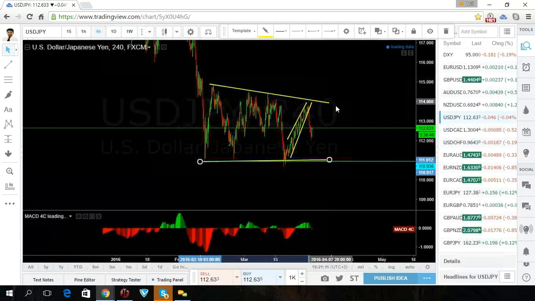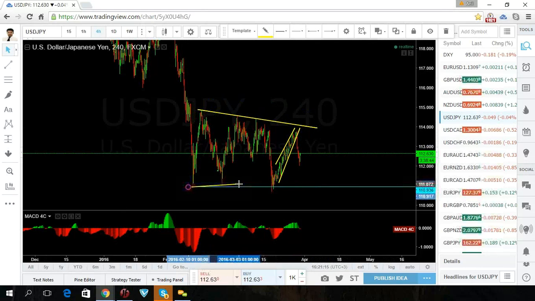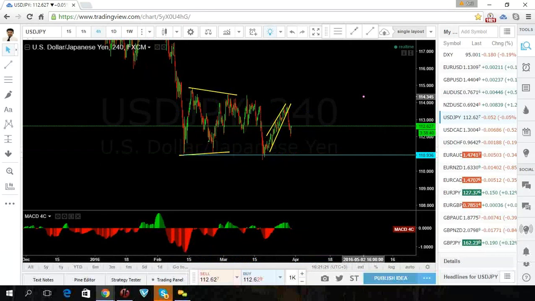I normally write that we're in a bigger corrective structure. Well, that's not true. Actually, that is not a bigger corrective structure. You thought I would have put it that way, but that's not what it is. The bigger corrective structure is actually this. And this is an impulse to the downside. So my good friends who copy my charts but don't have a clue about wave structure, please don't.